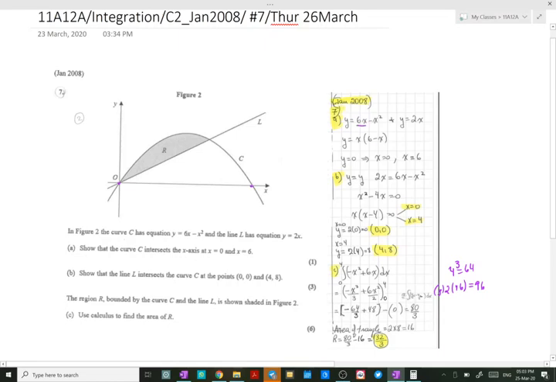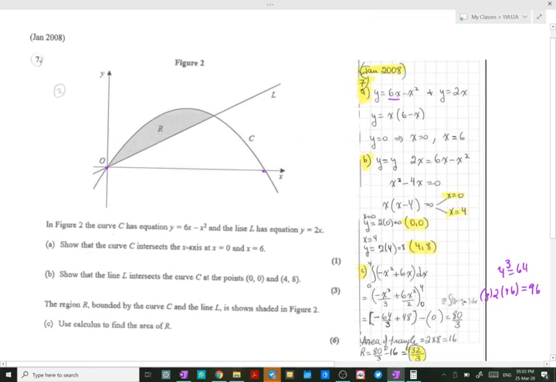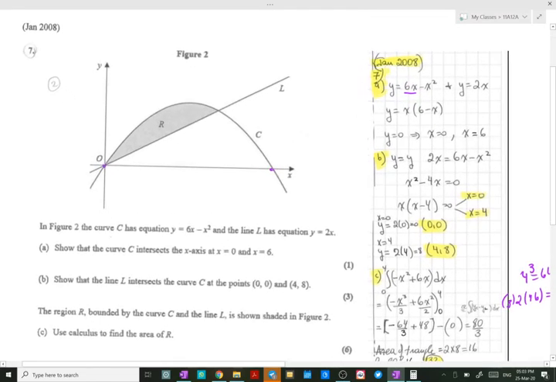So 6x minus x squared, x is common, you take x outside and you open brackets. 6x divided by x is 6, minus x squared divided by x is x. Then you say that y is equal to 0, which is the x-intercept. Therefore, either x is 0 or x is equal to 6.